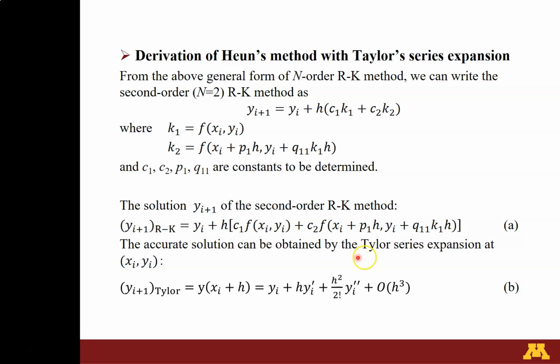Then based on the Taylor series expansion, we can write down the Taylor formula. We keep the first derivative term and the second derivative term, and eliminate the remaining. So we write it down in this way.